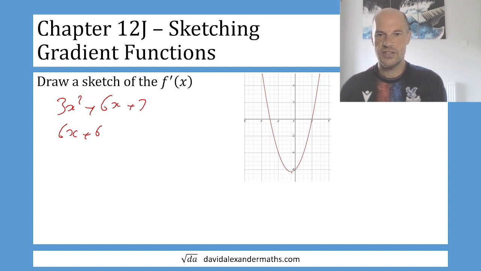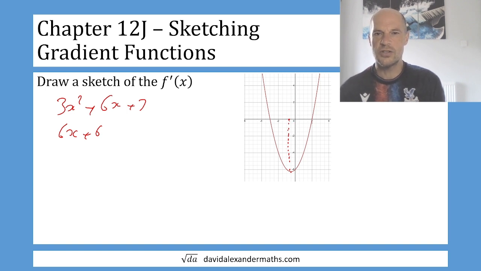So let's consider the turning point here. The turning point has got a gradient of 0. So at this point here, the gradient function will be giving us a 0. That is going to be our x-intercept, which will be in line with the turning point. Now, we don't actually know the equation of this line.